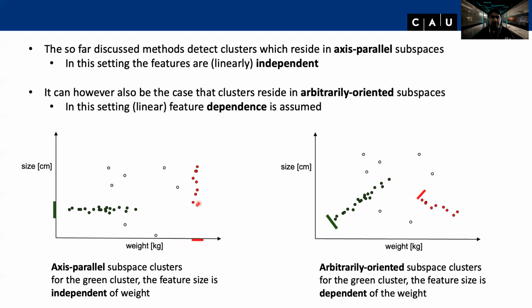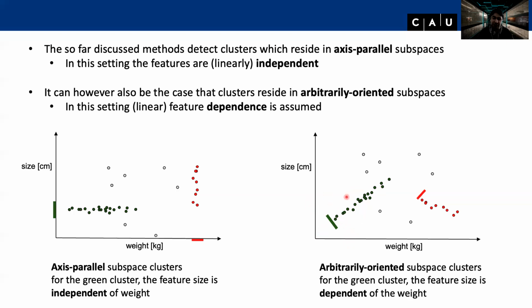So in the axis parallel case we have the assumption of feature independence, while in arbitrarily oriented subspaces, we have the assumption that there is a linear feature dependence. So on the right-hand side it means that the weight is linearly dependent on the size. And indeed, if you think of this green cluster as a line on the right-hand side, it means you have a linear dependence: with increasing weight, you also get an increase of the size.